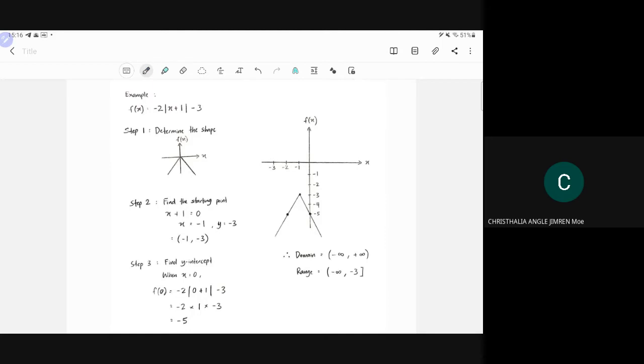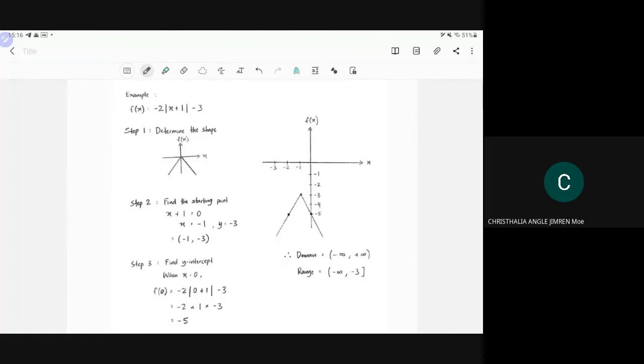Okay, for the next example, f(x) is equal to negative 2 modulus x plus 1, negative 3. Step 1, we need to determine the shape. As we can see, the value of a is negative, so the graph will open downwards. Step 2, find the starting point.